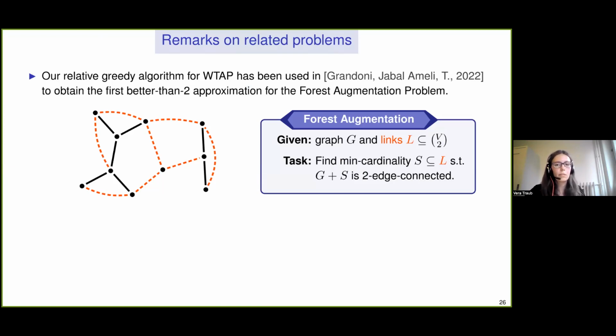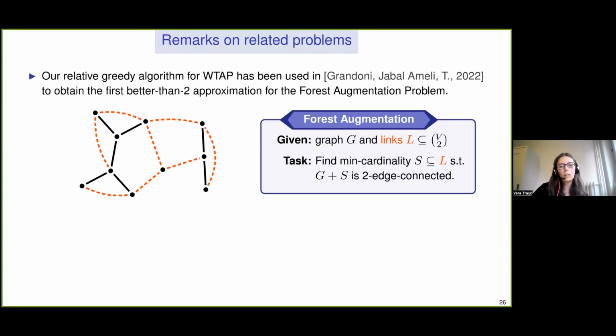The first result I want to mention is joint work with Fabrizio Grandoni on a related problem called the forest augmentation problem. In this problem, we are given some arbitrary graph G, and again some set of links L, which you can see here in orange.